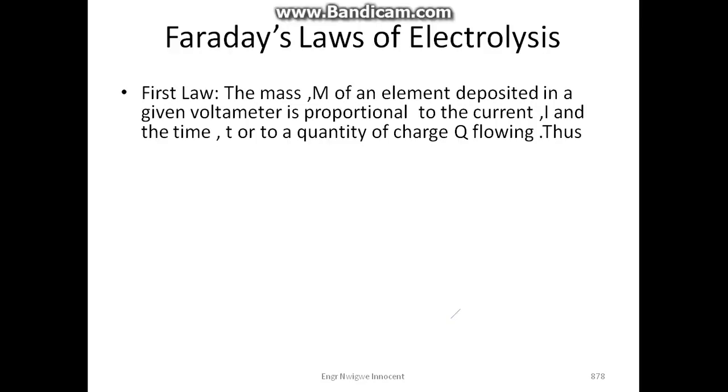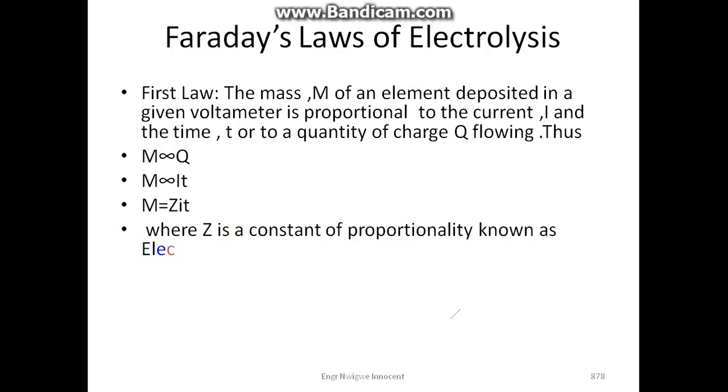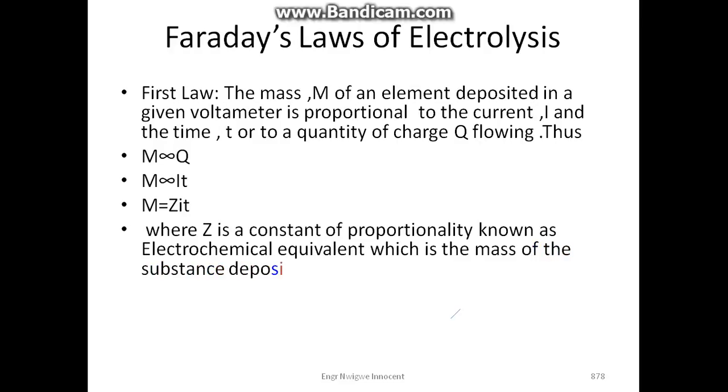Thus, m is proportional to Q, m is proportional to It, m is equal to Zit, where Z is a constant of proportionality known as the electrochemical equivalent, which is the mass of the substance deposited by 1 coulomb of electricity. Z is equal to mass over It.